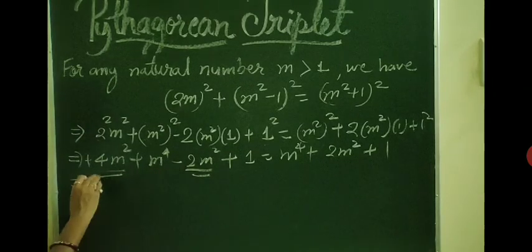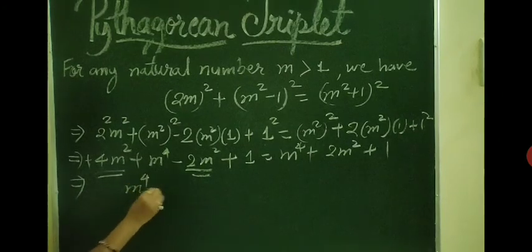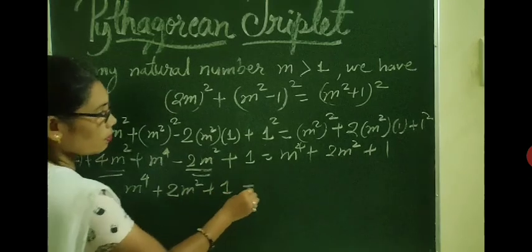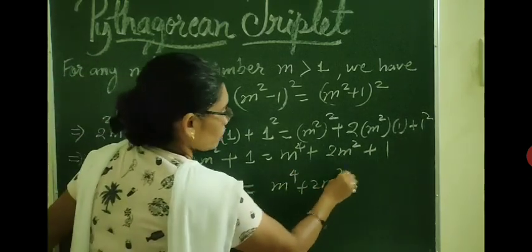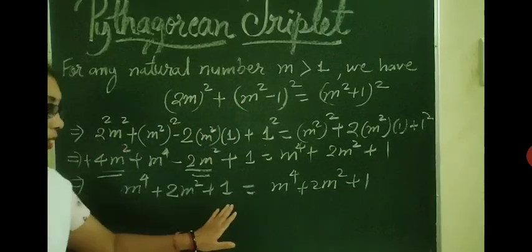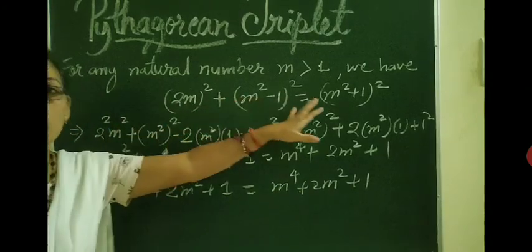If we subtract 2m squared from 4m squared, we get 2m squared positive. So we get m to the power 4 plus 2m squared plus 1. You can see that the left hand side is equal to the right hand side.